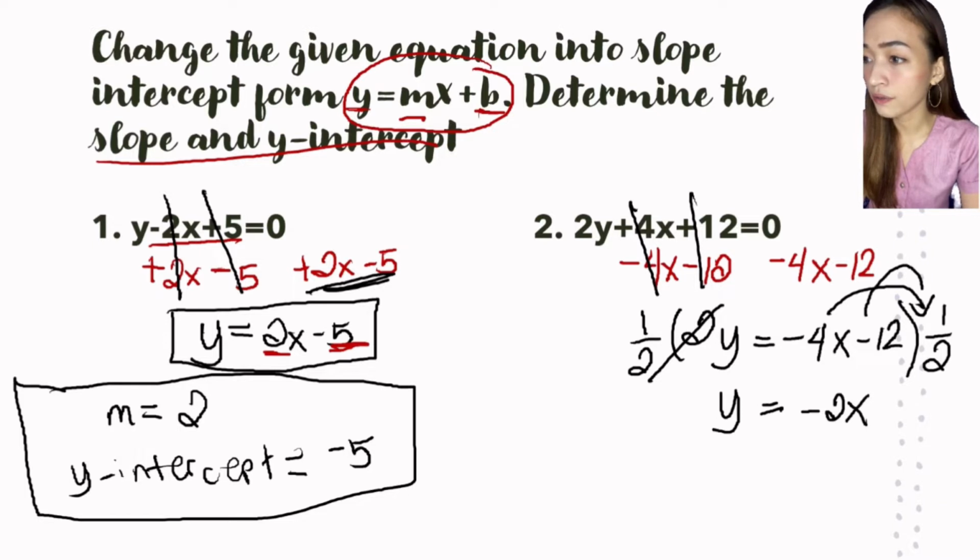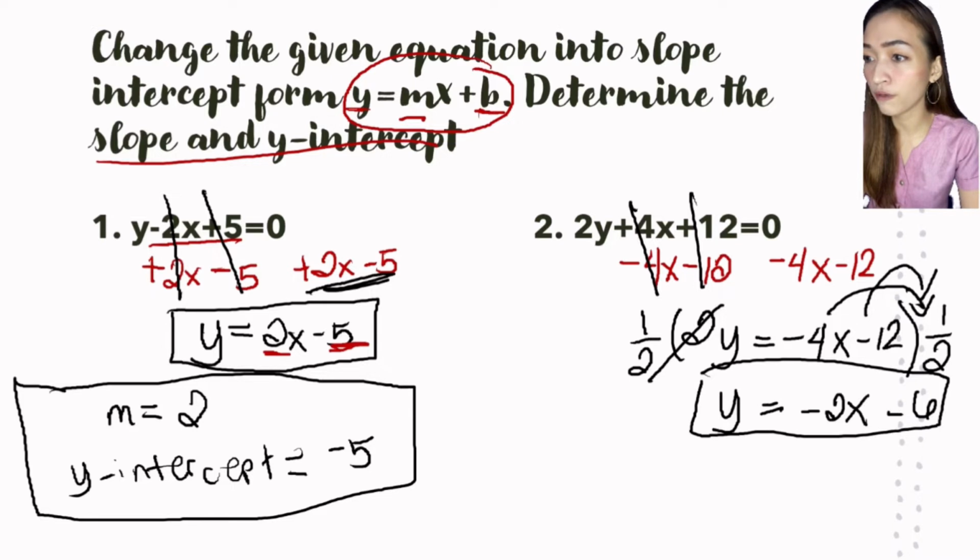Next, negative 12 times 1/2 is negative 6. Okay, so now this is our equation in the form of y equals mx plus b. So we have y equals negative 2x minus 6.